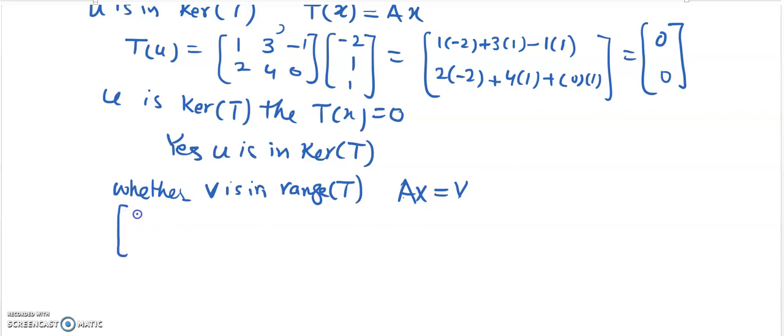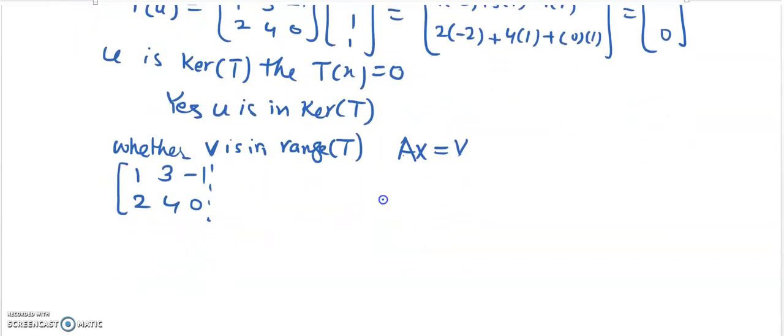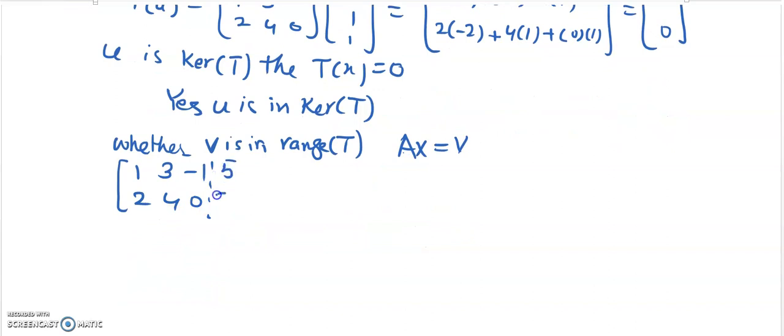So we take matrix A, 1 3 minus 1, 2 4 0, and then vector V will be 5 and 2. Okay, so do the row operation: minus 2r1 plus r2, that will be the new r2.